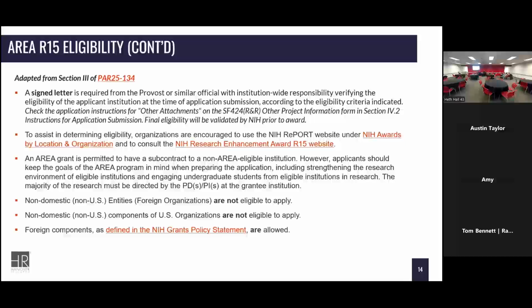It's one of the first things they look at before they look at who it's from. And again, it has to be signed. It can be a wonderful letter that clearly describes the eligibility criteria, but no signature, no review. And we've learned it the hard way. So very important. Again, one of the many reasons why it's good to start early and communicate across campus when you have these intentions.